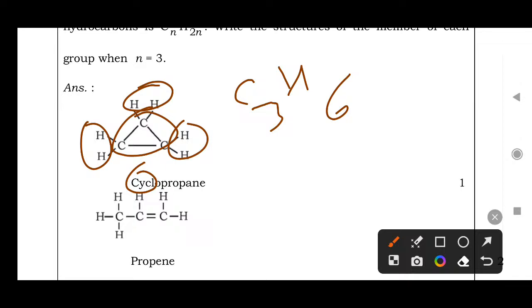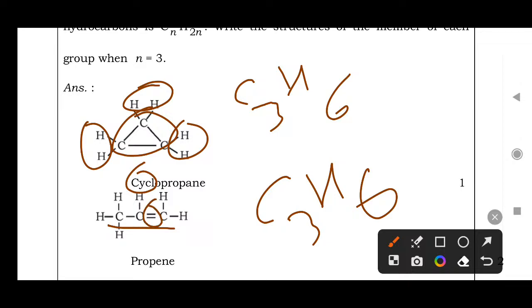Then propene also has C3H6 only. Here 3 carbon atoms are arranged, and in between the carbon atoms, at a single place, we give a double bond. Because of the double bond, for that carbon we arrange only 2 hydrogen atoms, and for another carbon atom we give only 1 hydrogen atom, because here 1 bond is there and here a double bond is there, so 4 valency occurred.